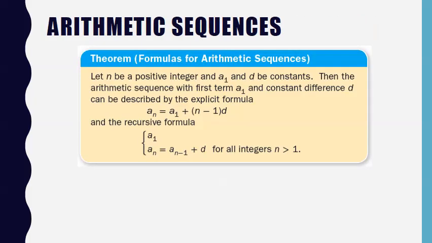So the type of sequences that we're looking at in this section are arithmetic. So the formula for that, the theorem, whatever definition you want to call it, says let n be a positive integer and a1 and d be constants.